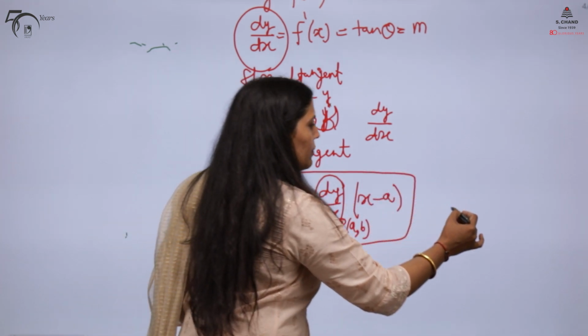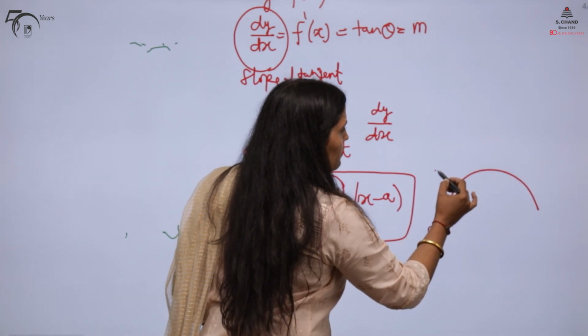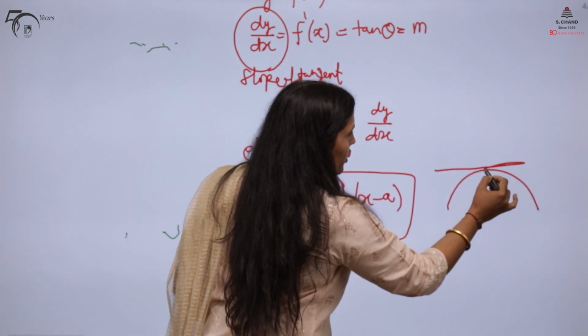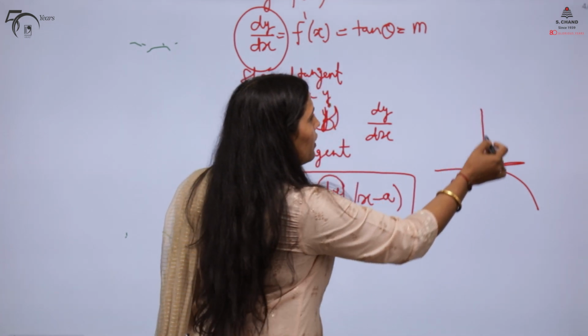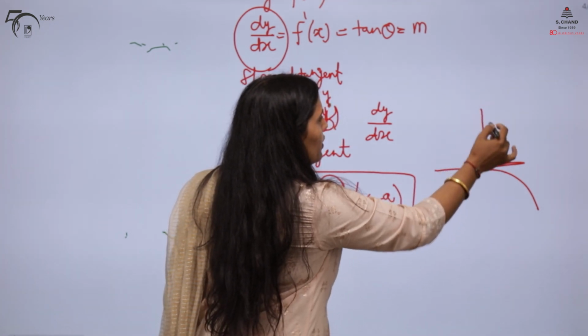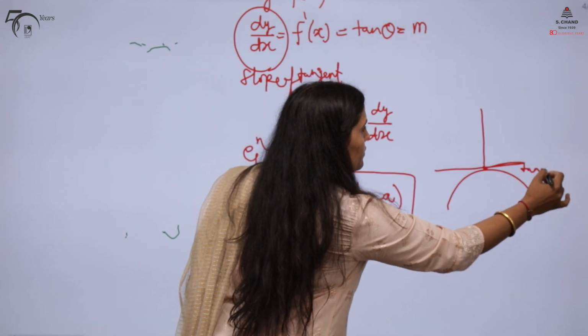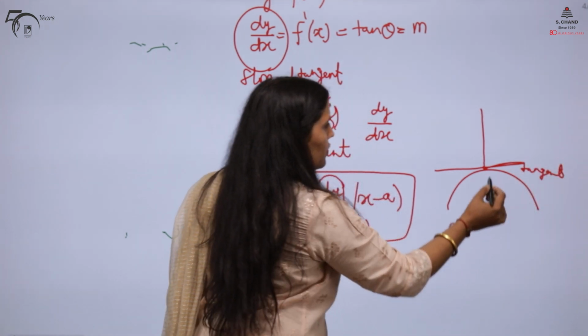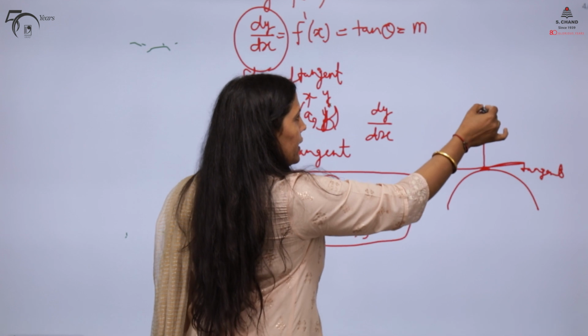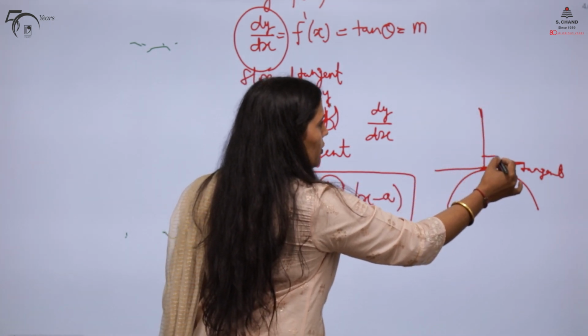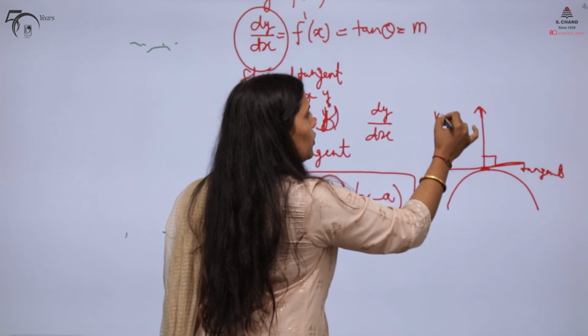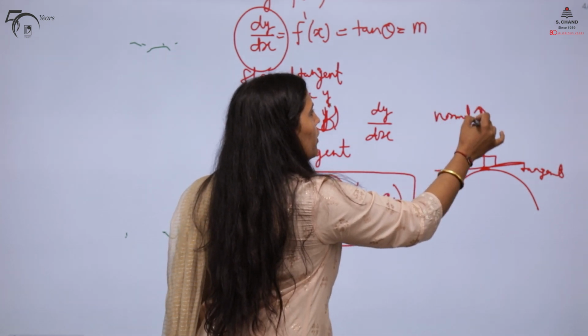Suppose you have this curve, this is the tangent, touching just one point on the curve. The tangent is basically a line. The line perpendicular to the tangent is called the normal.